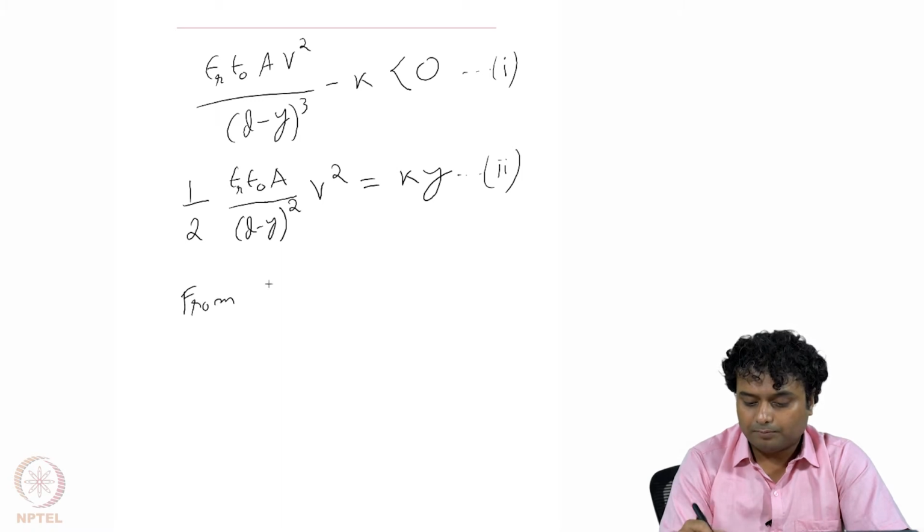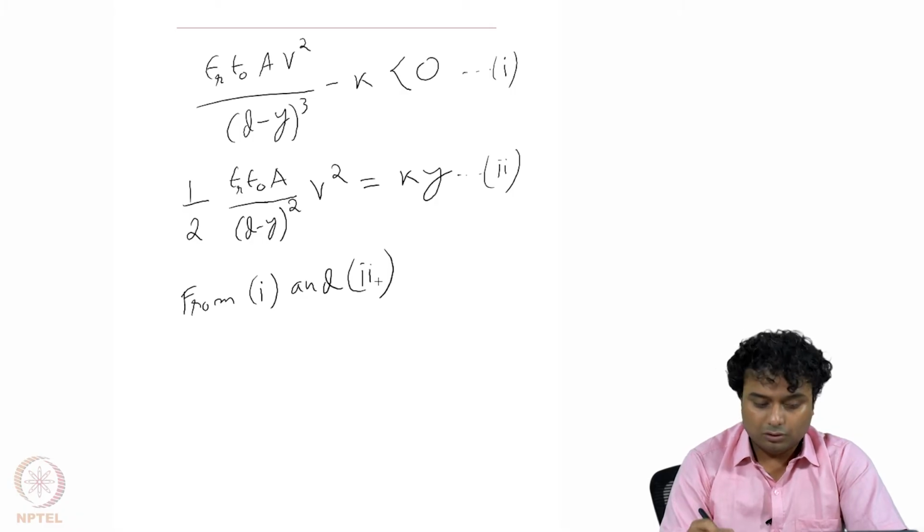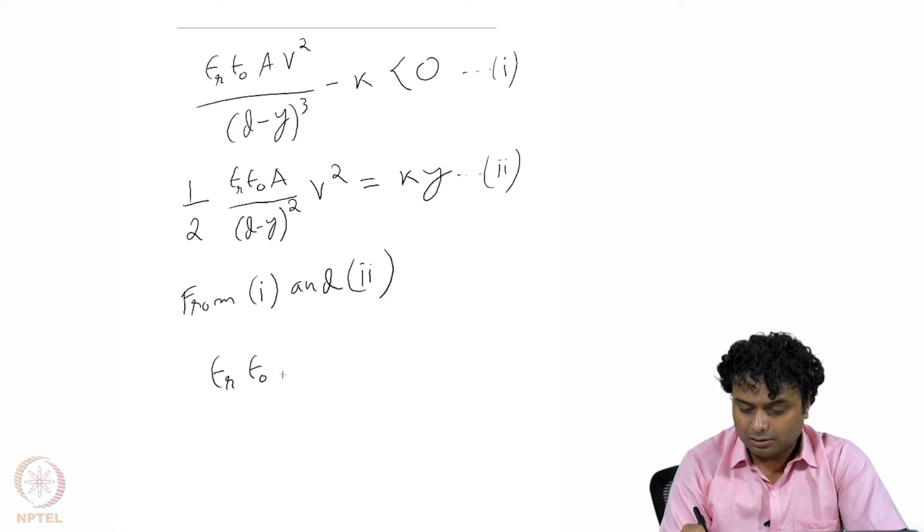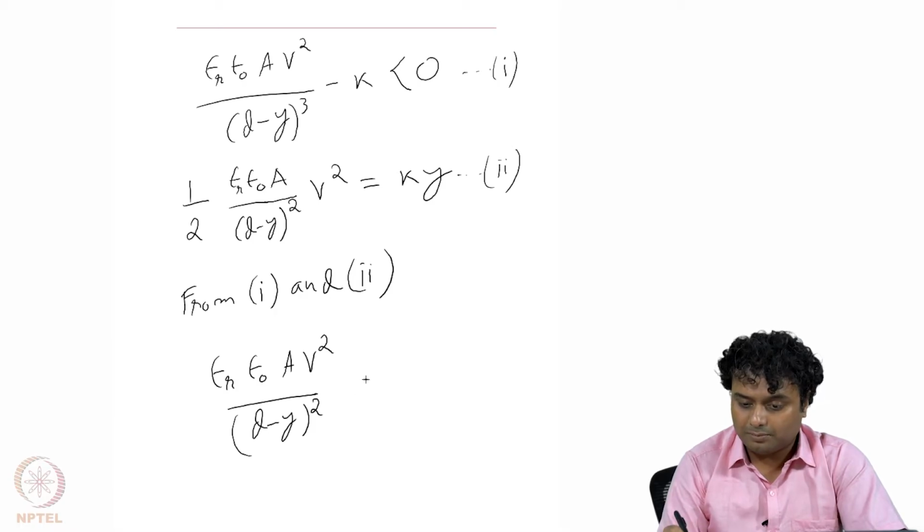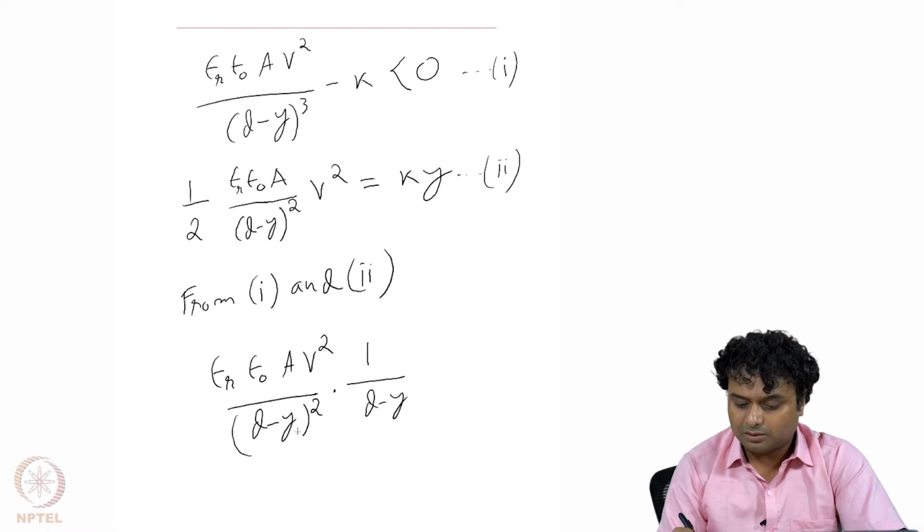So from 1 and 2, I write epsilon r epsilon naught A V square divided by d minus y whole square. This is equation 1, I am rewriting it in a different form, into d minus y. So d minus y whole cube I just separated as d minus y square into d minus y, minus k less than 0.